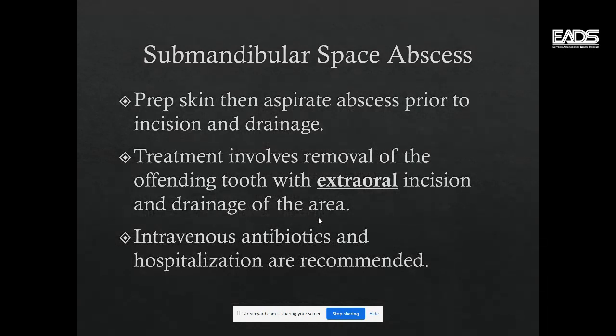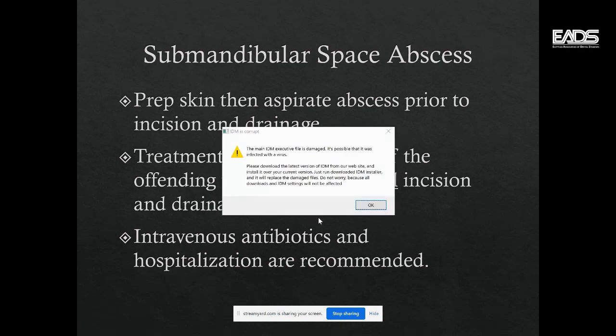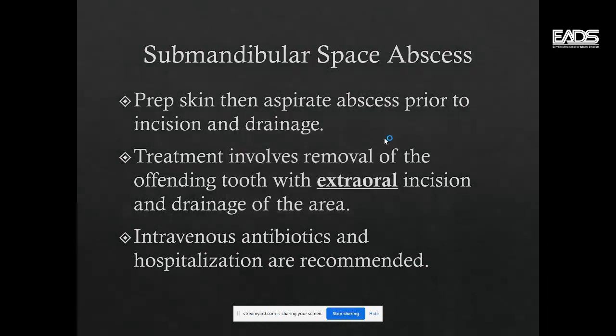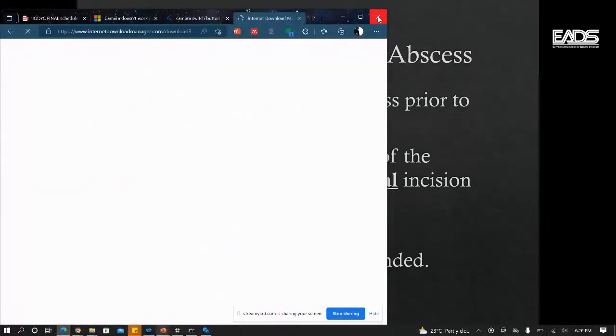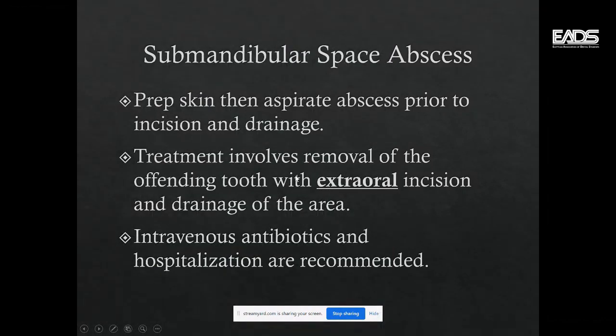We aspirate the abscess prior to incision and drainage. The treatment involves removal of the offending tooth with external incision and drainage of the area. This is the other one where you can use external incision and drainage for the area. Intravenous antibiotics are recommended, as well as hospitalization of the patient.